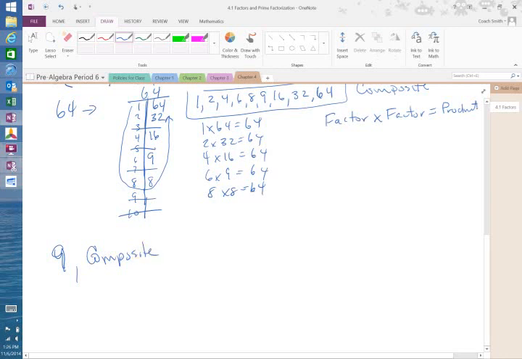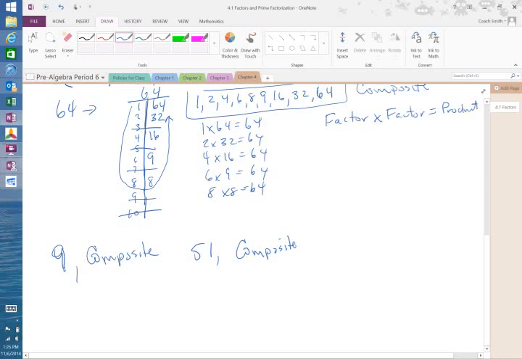How about 51? Well, since I've been talking to you about this number since the 6th grade, it is composite. Let's remember our rule.